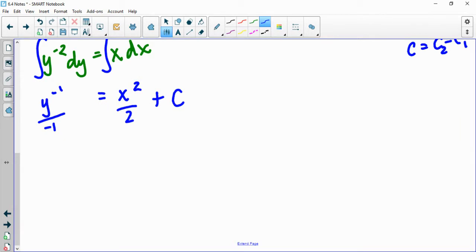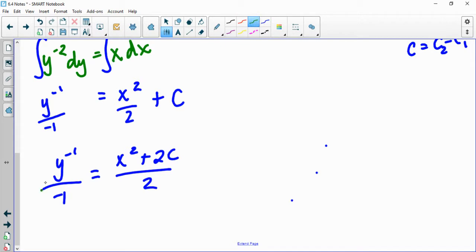Okay, and now we're trying to solve for y. So first thing, I'm going to make this right side of the equation all one fraction. So I got y to the minus 1 over negative 1 equals x squared plus 2c over 2. Okay. So now that I'm trying to solve for y, I'm going to multiply both sides by negative 1 to get rid of that negative 1.